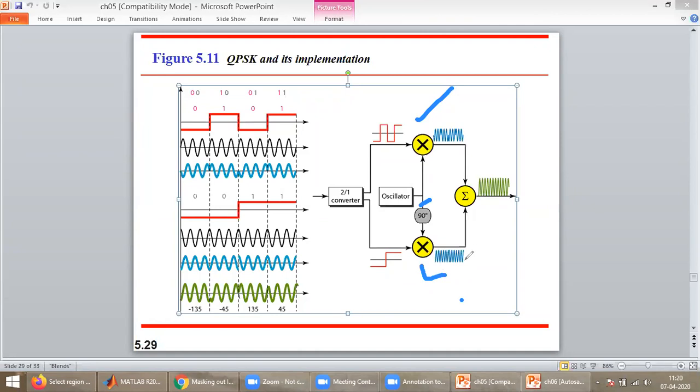Then add these two to get the final signal. If you have any doubts, ask. Otherwise, we'll move to the next concept.